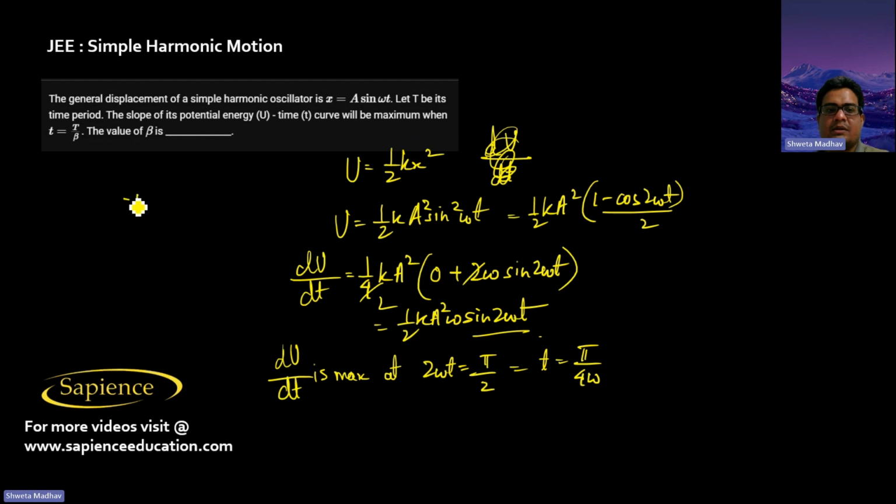Now we know that capital T is the time period, given as 2 pi by omega.